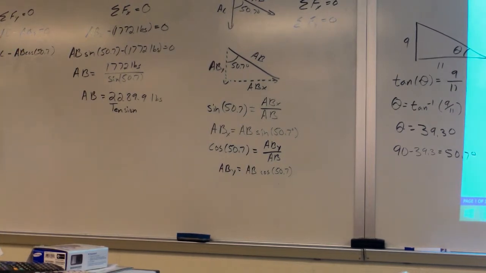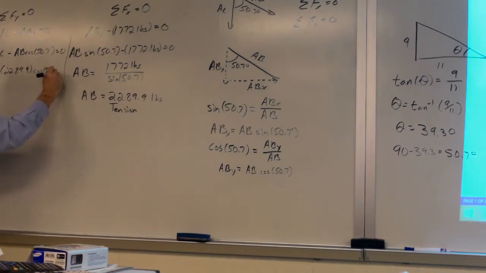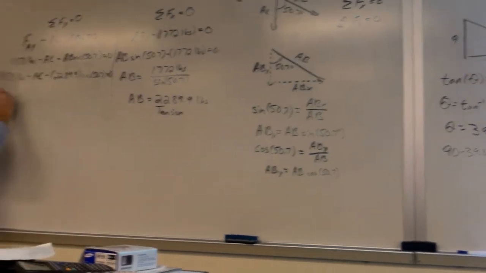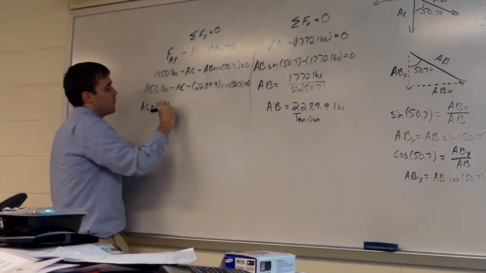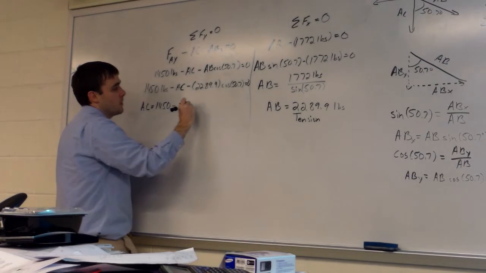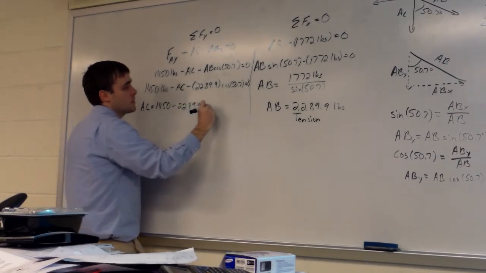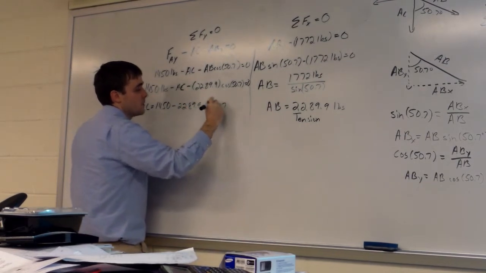We get 1450 minus AC minus 2289.9 times cosine 50.7 equals 0. So AC equals 1450 minus 2289.9 times cosine 50.7.